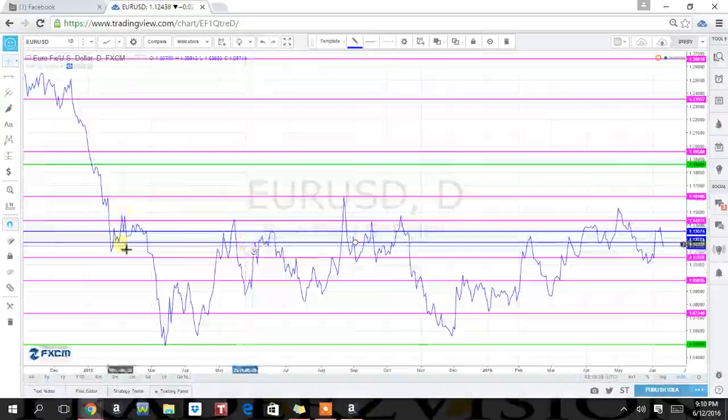Prices failed here. See that bounce? See that bounce? Prices stalled a little right here. See that bounce right here? See where prices try to hold, but it held it for a little bit. Broke through it. See where it held right here. So it failed more than once, so it's a good zone. We'll just keep it.